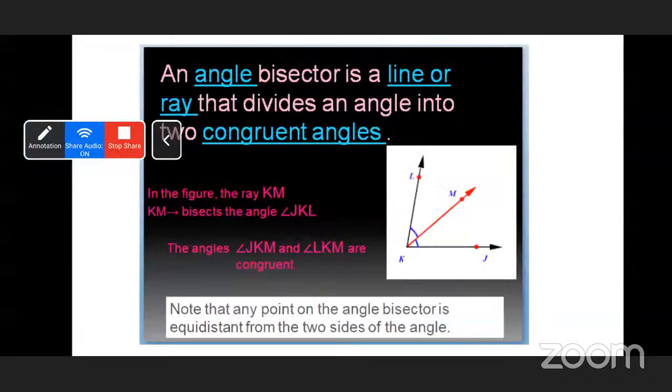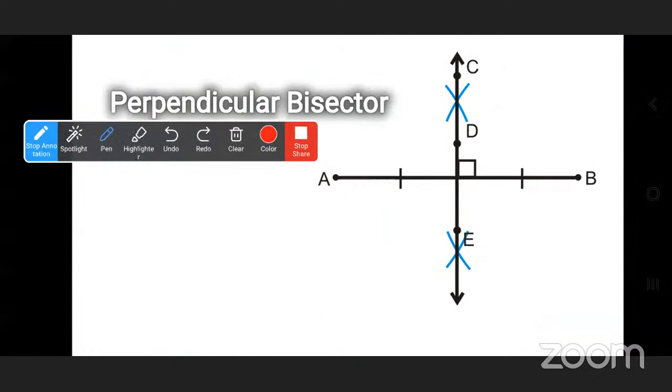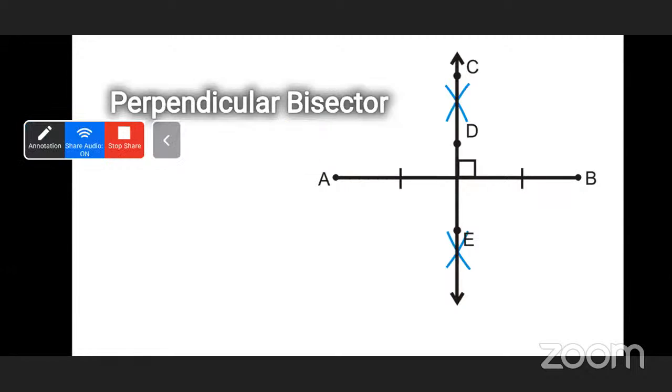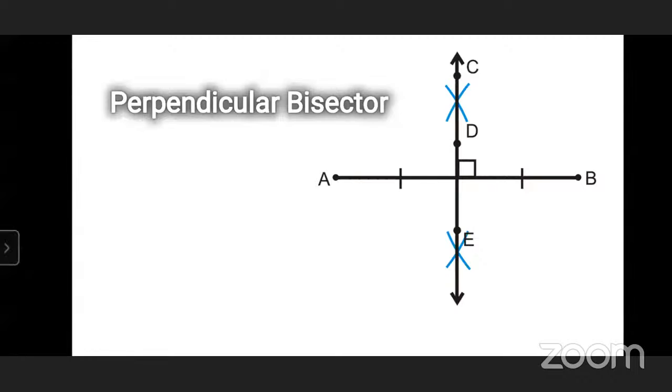Next, we will learn about the perpendicular bisector, how we can draw a perpendicular bisector, and what the properties of the perpendicular bisector are. On your screen is a diagram of a perpendicular bisector drawn on the line segment AB.